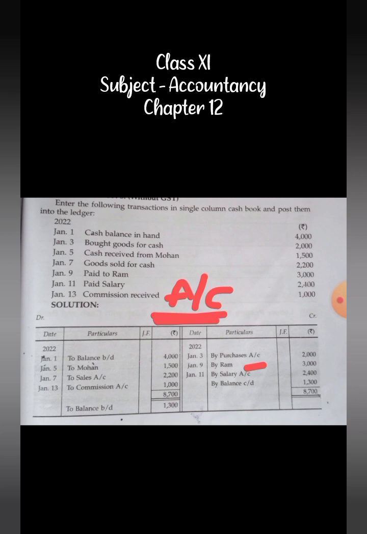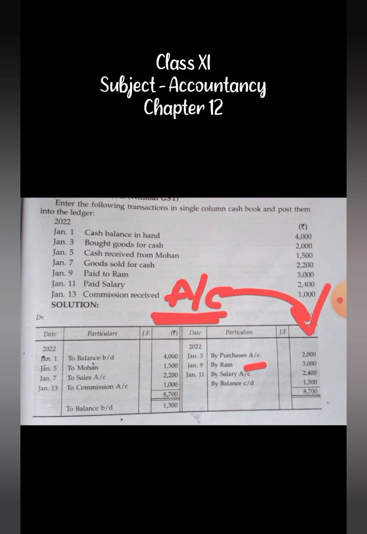If an expense is paid, according to the rule of nominal accounts, it is debited. Cash comes in as debit, and when cash goes out it is credited. So in this entry, salary to cash, cash is on the credit side, so we go with the credit side, and then use the word salary account.